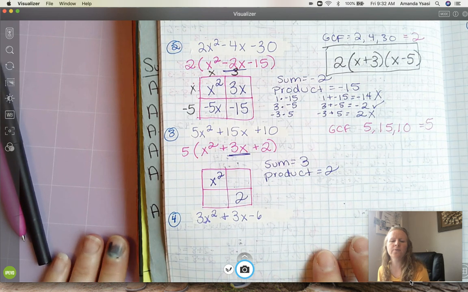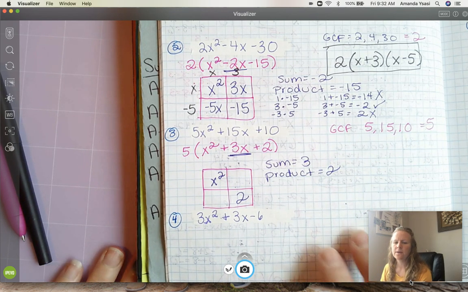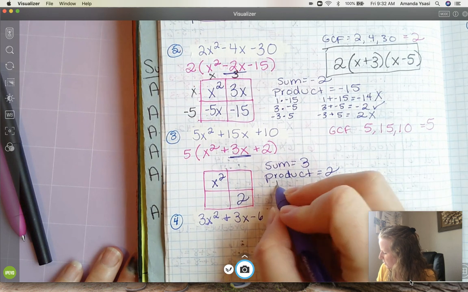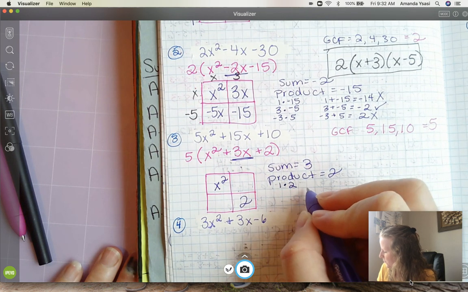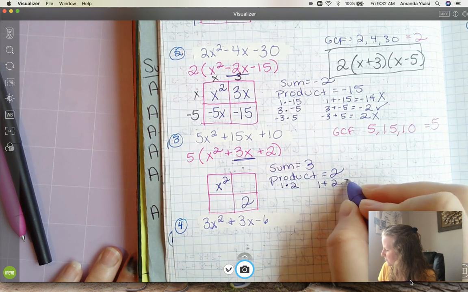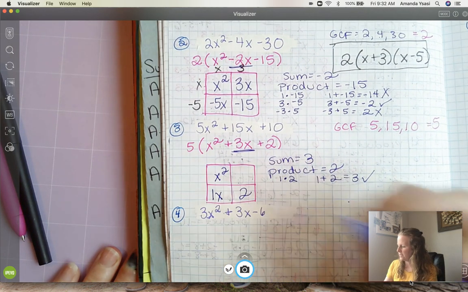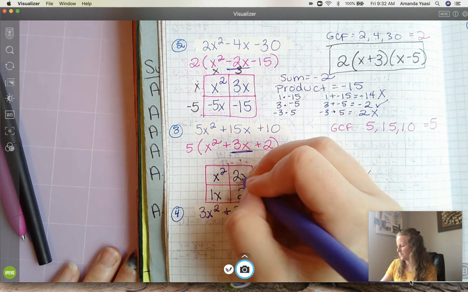Well, the only factors of 2 are 1 and 2. So 1 times 2 and 1 plus 2. So that was easy. 1x and 2x.